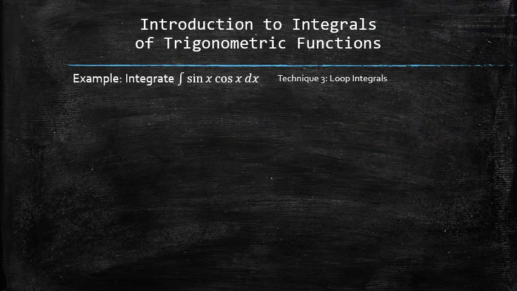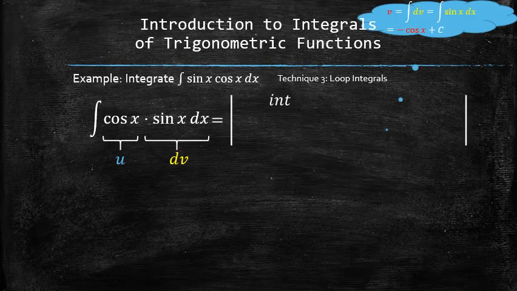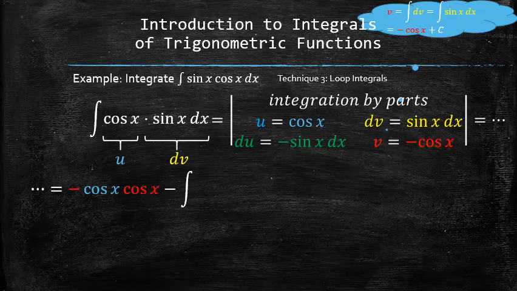Let's do the same example again using the loop integrals approach. We rewrite the integrand, choose u and dv, and integrate by parts, then apply the formula and combine like terms to produce the original integral again, creating a loop.